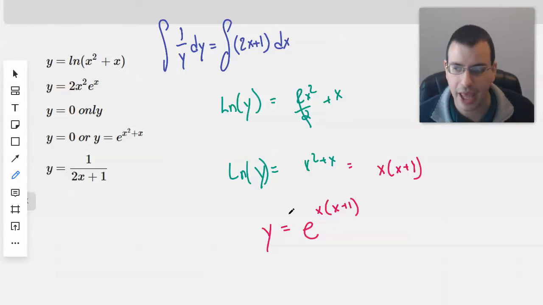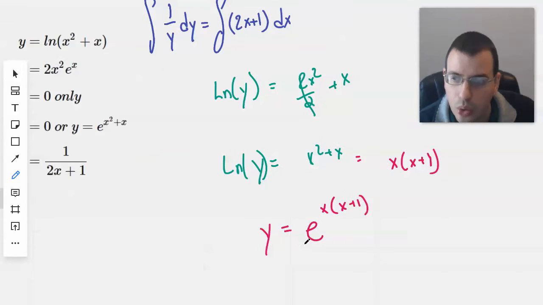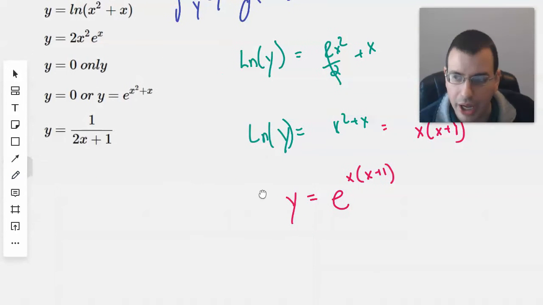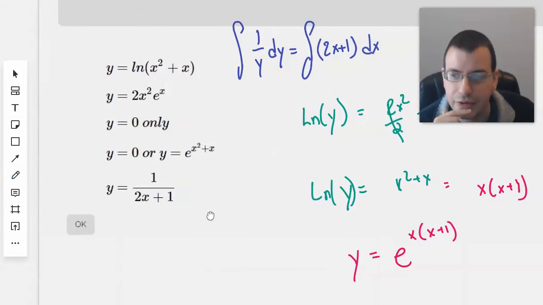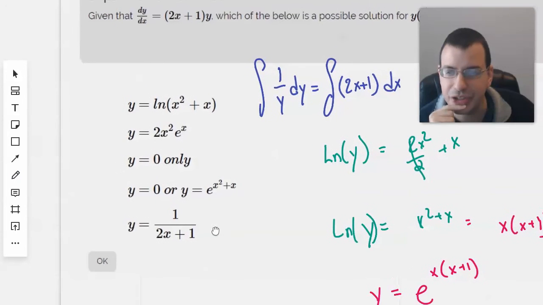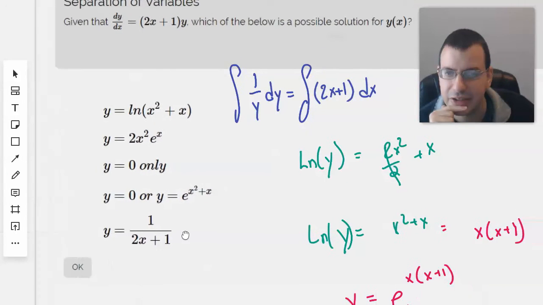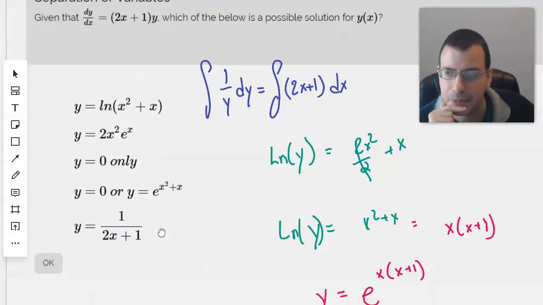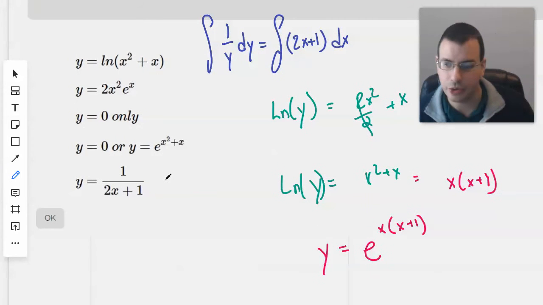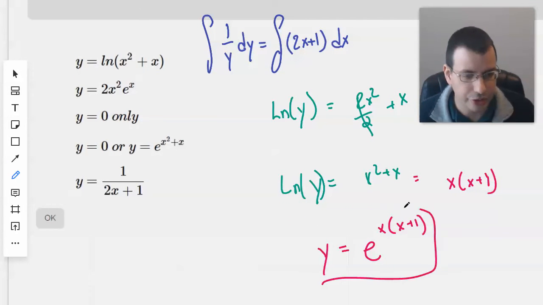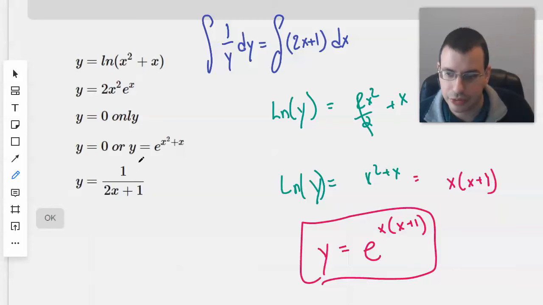And so now we have a solution for y. Interesting. Okay, so y equals e to the x plus 1 right here.